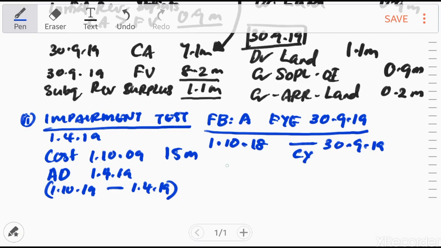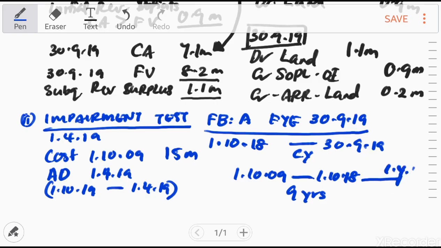If you do that, you would see that from 1st of October 09 up till 1st of October 18, this is 9 years. If you extend a little bit until 1st of April 19, which is the date of impairment, this is another 6 months, which is half a year. So therefore you need to find the accumulated depreciation for 9.5 years.